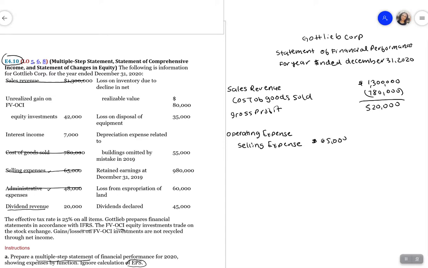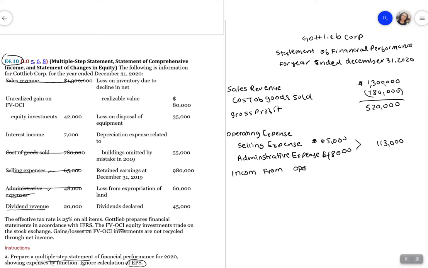Then we have administrative expenses, and that is 48,000. Altogether, total operating expenses are 113,000. If I take our gross profit minus our operating expenses, it will give us income from operation.